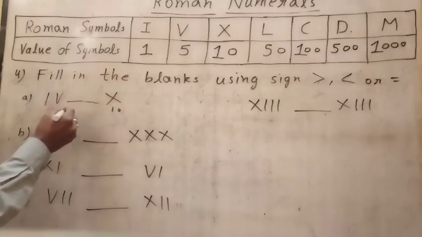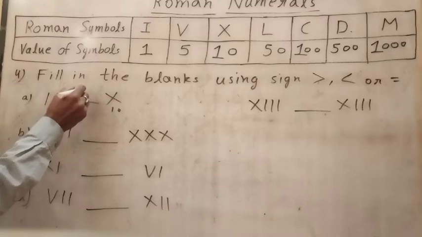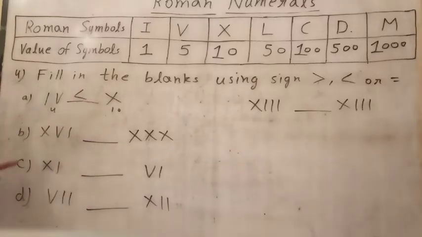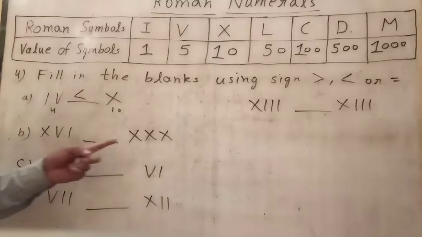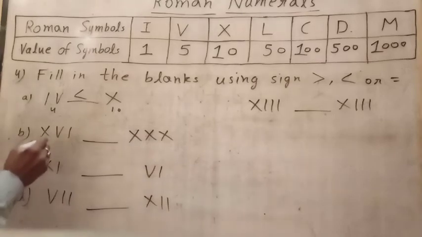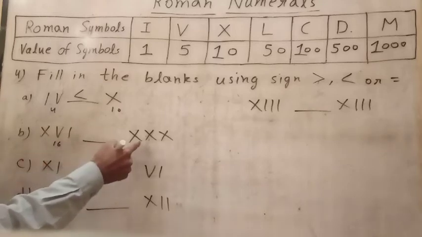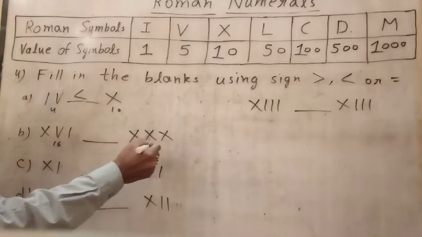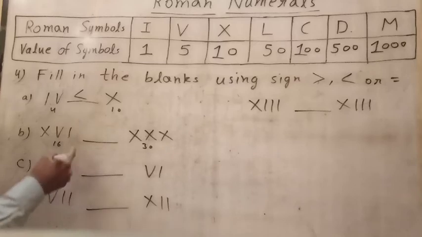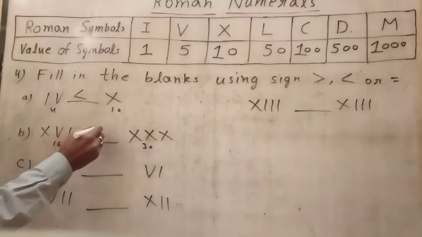Which one is greater? X is greater. Next, XVI and 3 times X. So 10, 5, 15, 1, 16. And 10 plus 10, 20, plus 10, 30. Which one is greater? 30 is greater.